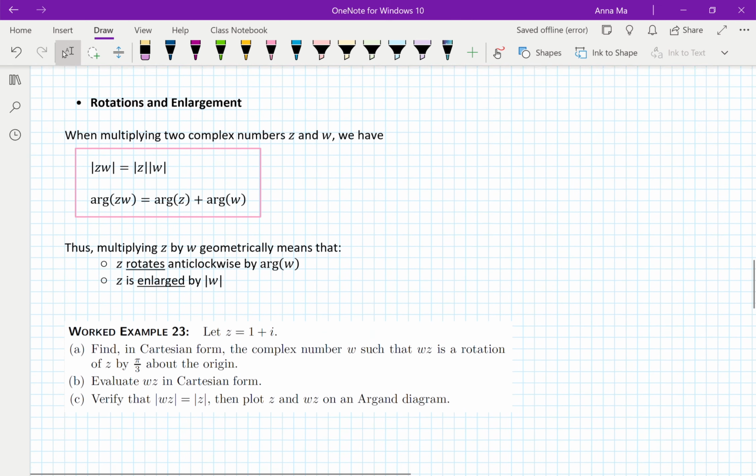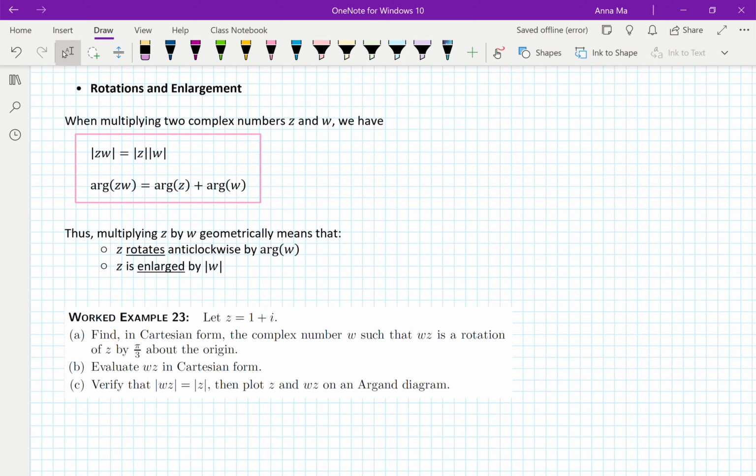Now, 2 more things to have a look at. First of all, we need to always link it back to geometrical representations. So when we think about rotating the complex number interval or enlarging them, we often look at the multiplication of those 2 complex numbers. So if we multiply 2 complex numbers z and w, then we have the modulus of zw being the multiplication of mod z and mod w.